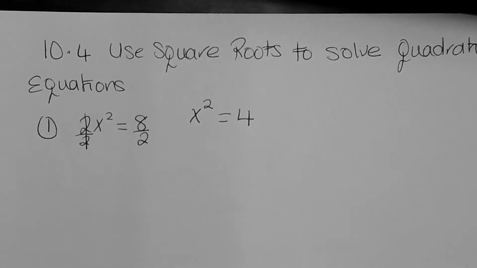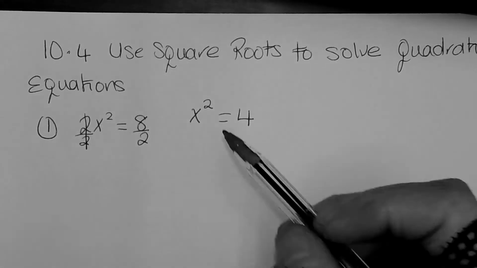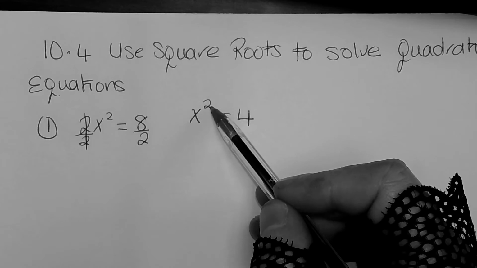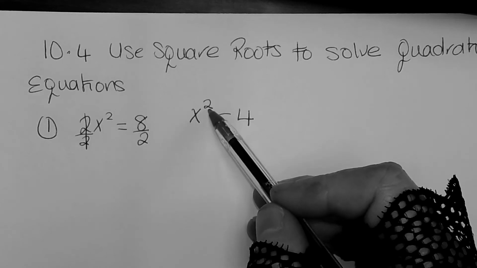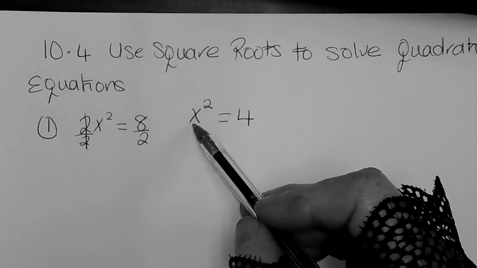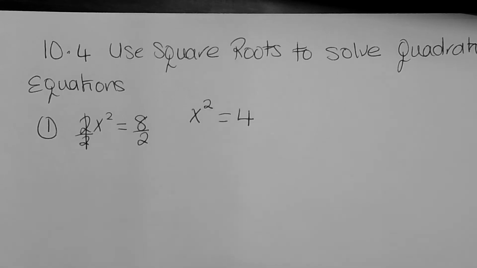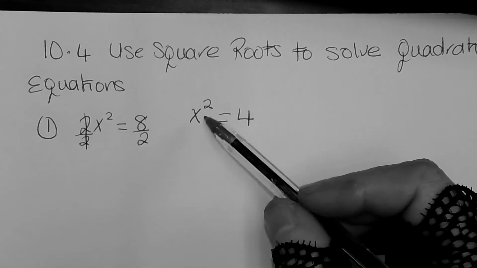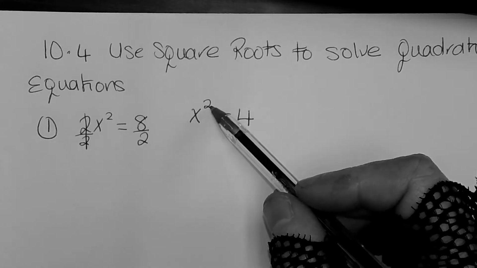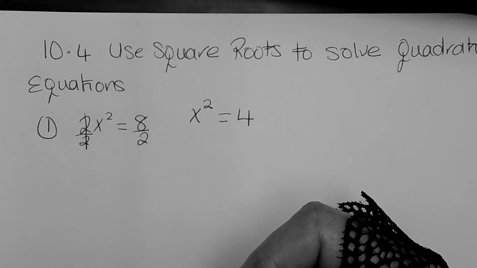So remember that in the lesson I always told you the exponent tells you how many solutions. So I know that I should have 2 solutions here. So this is x squared. So just like addition and subtraction undo each other, we need to get rid of something squared. So the way that we do that is to take the square root.